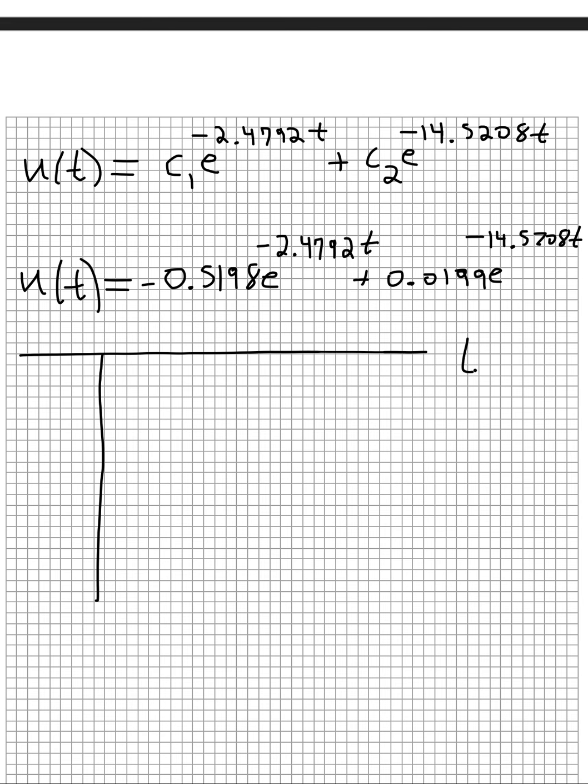Okay, and then we can sketch this example as before. So here's 3 seconds, here's 2 seconds, here's 1 second, and here's 0.25, which is negative, and 0.5 down here.